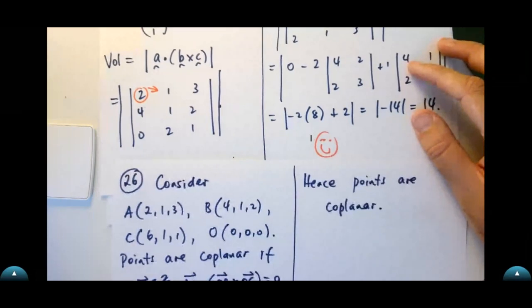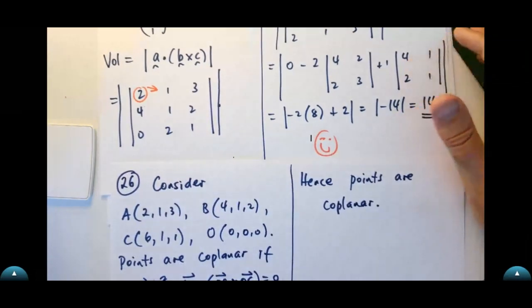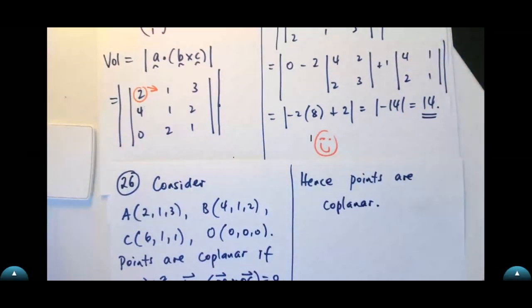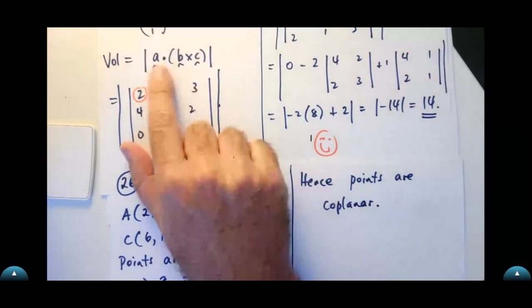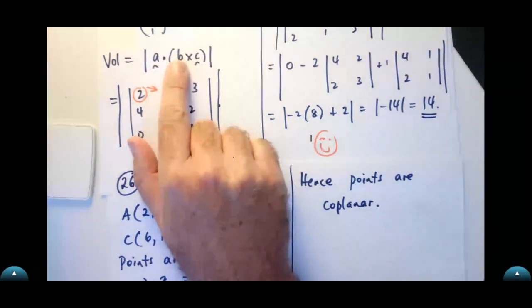How do we know that 4 points are coplanar? Well, what you can do is assume that the vectors involved form the sides of a three-dimensional object like a box or a parallelepiped, and show that these calculations give you zero.